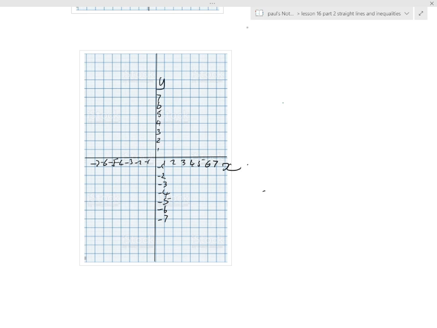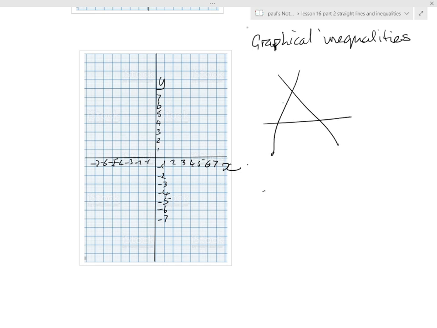So, graphical inequalities. Okay, so we said we're going to have to draw 3 straight lines. If you go 1, 2, 3, you always get a triangle in the middle.